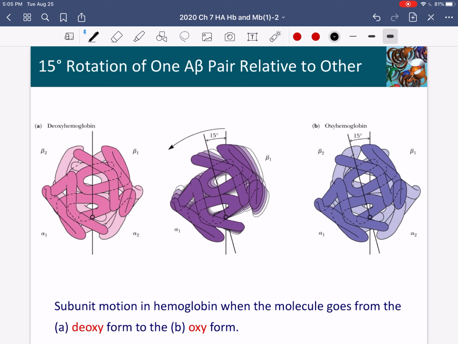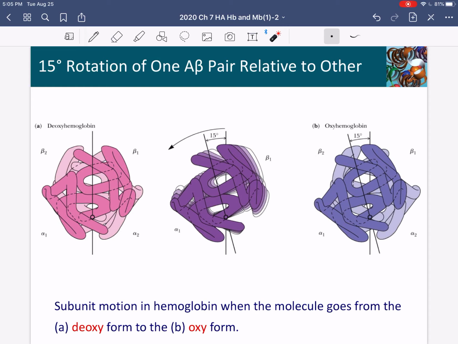All right, so what's happening when we look at the tetramer? There's a 15-degree rotation. So now we're looking at the hemoglobin tetramer from the back. And so this is like a 90-degree rotation from what we saw before. The front alpha beta dimer is dark pink, and the back alpha beta dimer is light pink in deoxyhemoglobin. Okay, and then as you rotate the front, you're unscrewing the lid.